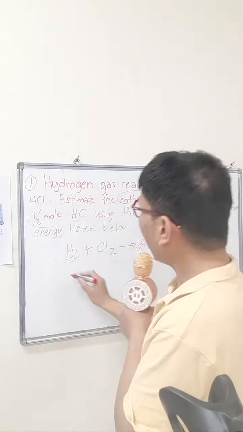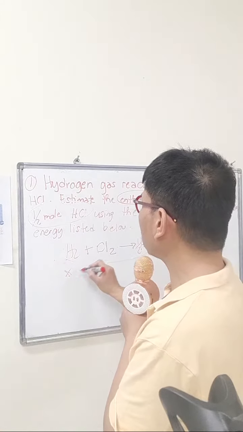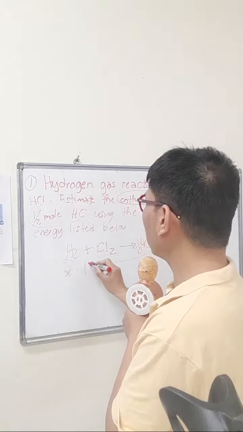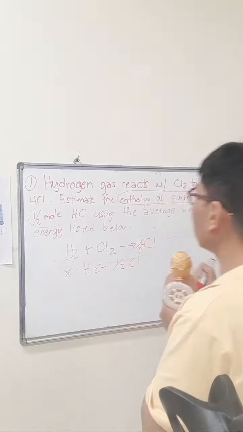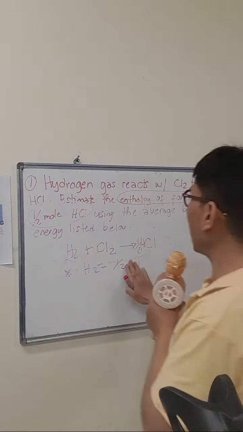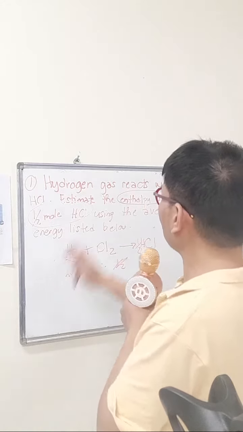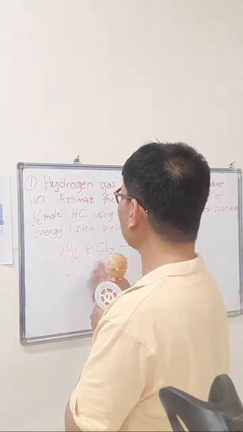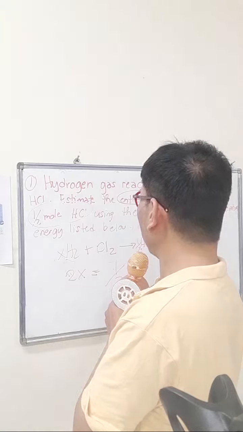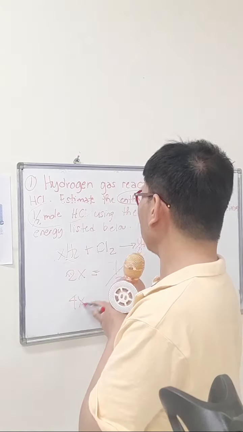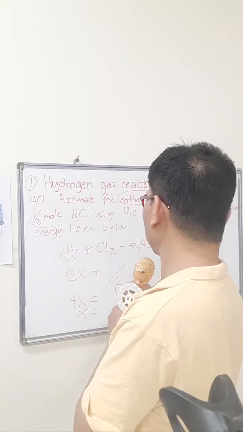Okay, so X of hydrogen gas is equal to 1/2 of HCl. So 1/2 of the H, since we have 1/2 here, let X be this. Okay, 2X is equals to 1/2. And then 4X is equals to 1. And X is equals to 1/4. Okay?